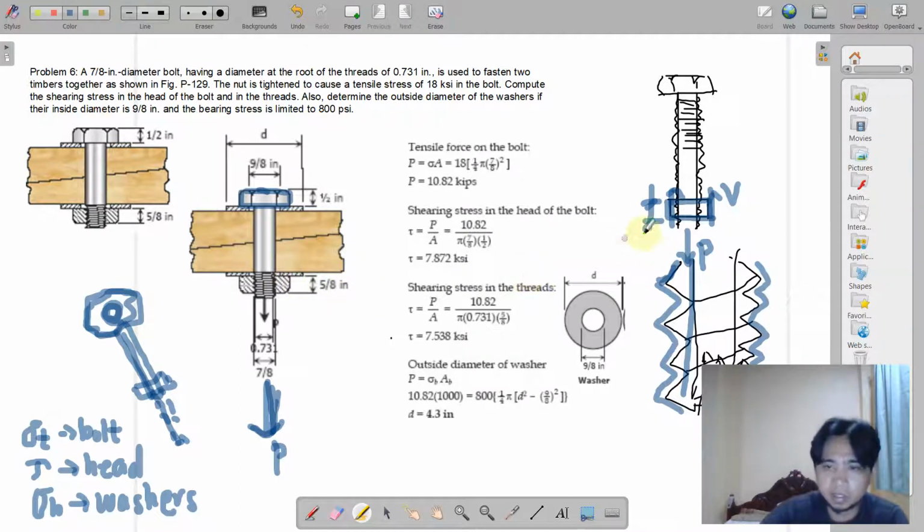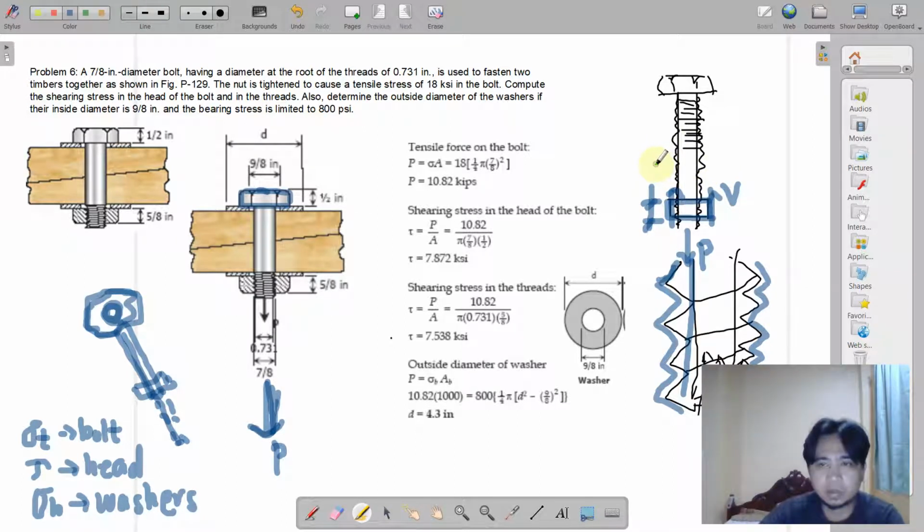Okay, that is why if that will exceed the allowable shear stress for the tooth, it will cause what we call loose thread. So it will cause loose thread in the bolt.